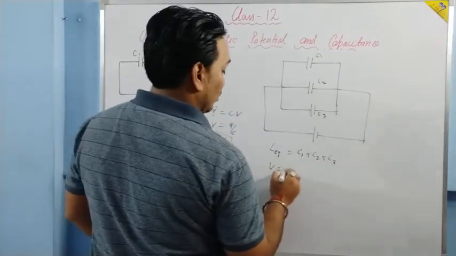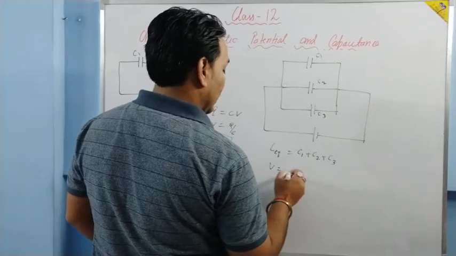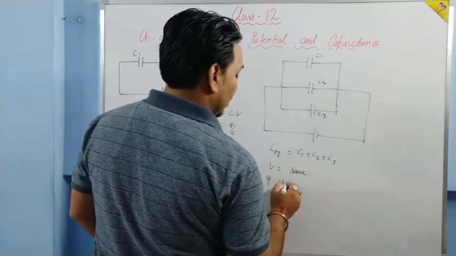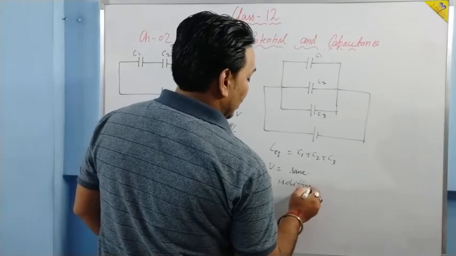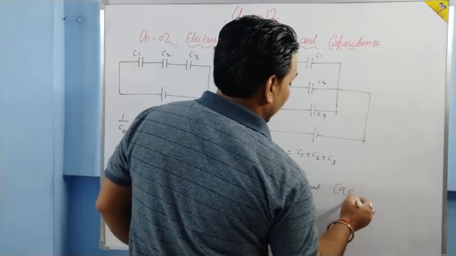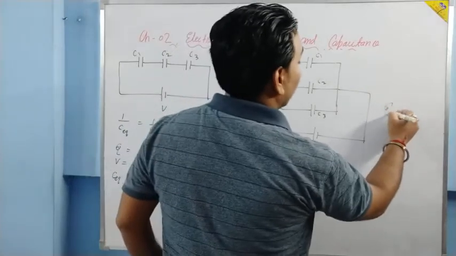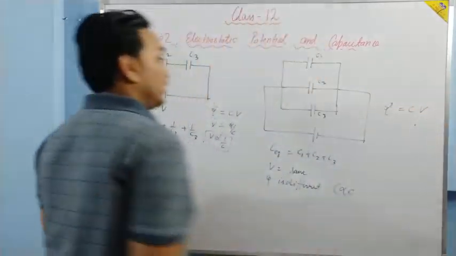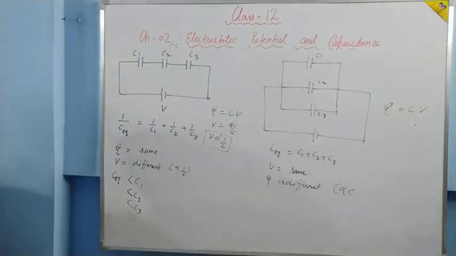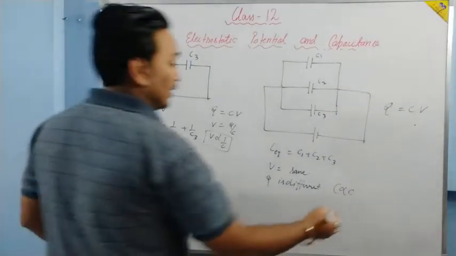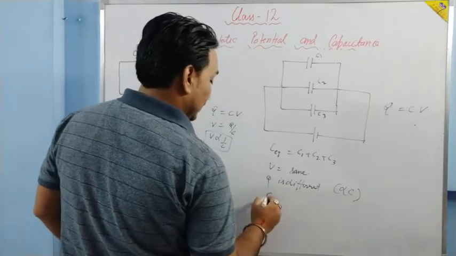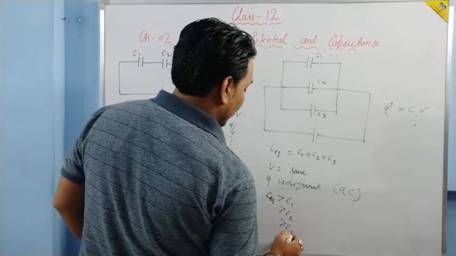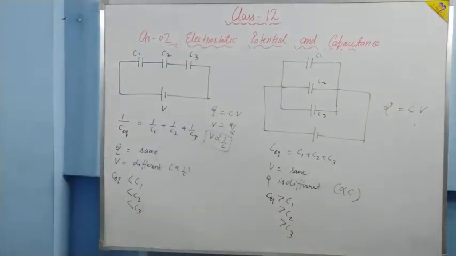In this situation, voltage remains same, but charge is different and is directly proportional to C. As you know, Q is equal to CV. If V remains same, then Q is directly proportional to C. And the last thing, C equivalent is greater than C1, greater than C2, greater than C3. So this we have done yesterday.